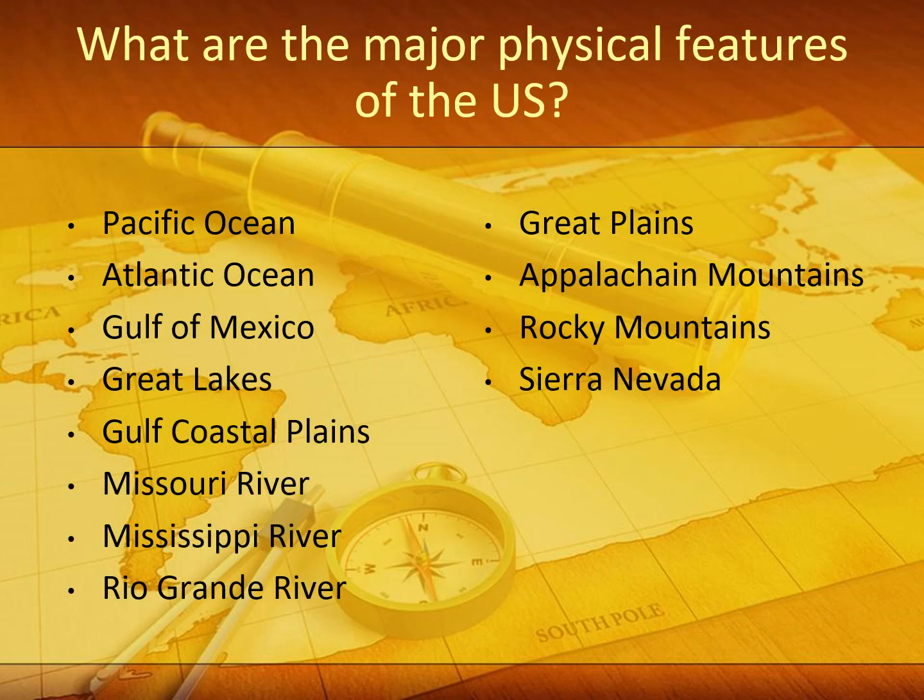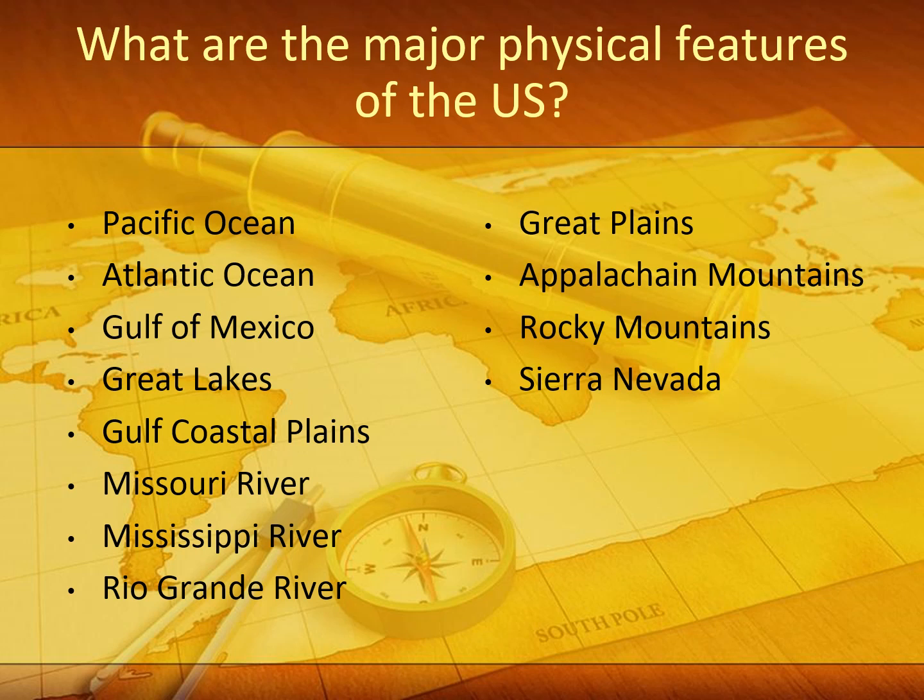We have about 12 that we really focus on. These are not the only physical features, but these are the most important physical features. We have the Pacific Ocean, the Atlantic Ocean, the Gulf of Mexico, the Great Lakes, and we will talk more about the Great Lakes later and actually learning the names of the 5 Great Lakes.